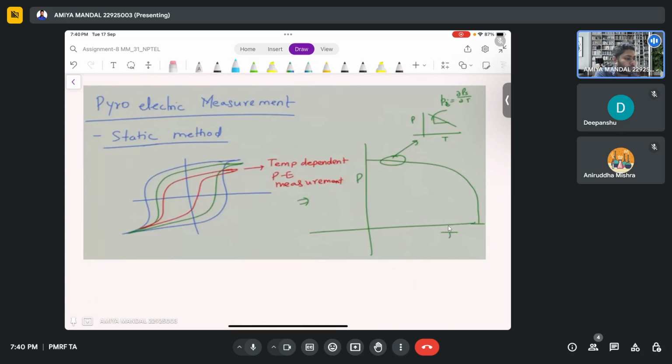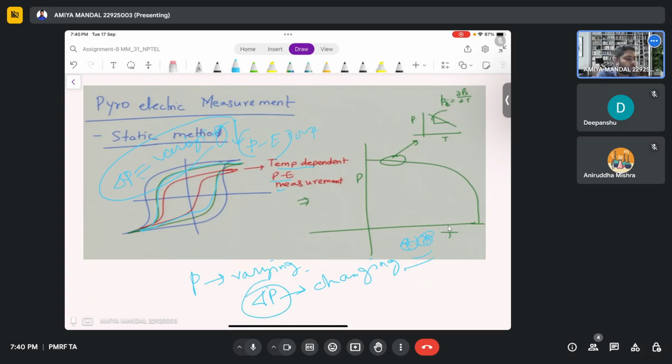So how is the PE loop affected with temperature? With temperature, we can see the temperature dependent PE loop. This is decreasing, which means delta P is varying. Okay, this is a very important concept.